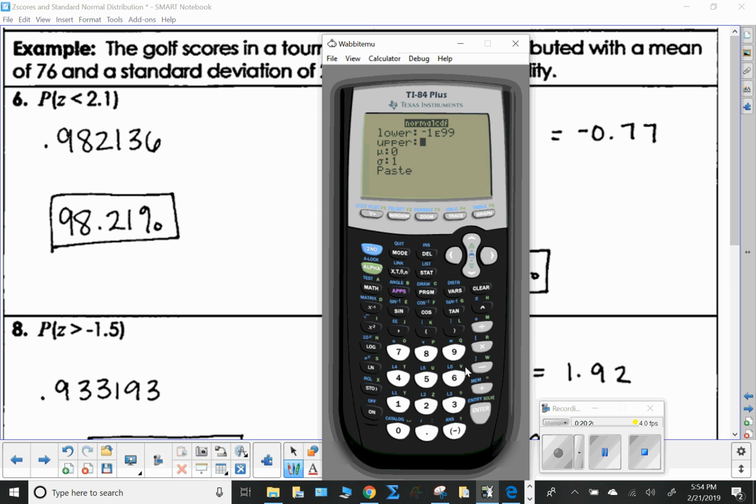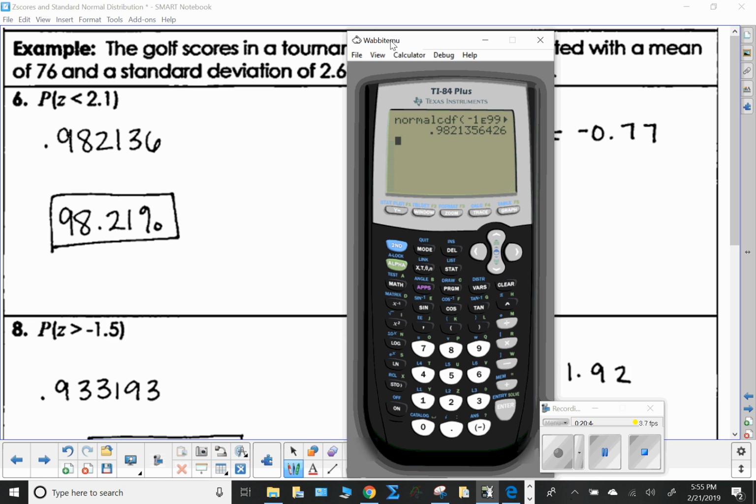My maximum is going to be 2.1. Since we are talking about the z-score, not the data scores, my mean is 0, my standard deviation is 1, so I just come down and I paste. And I hit enter, and it's 0.9821, and so on. Great! Okay, so that's how you would do it using the calculator.